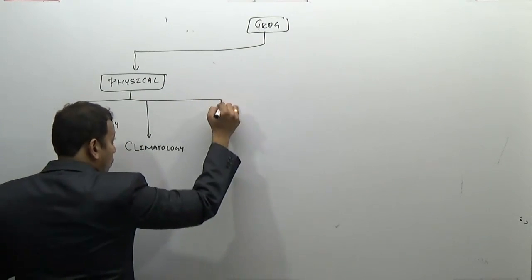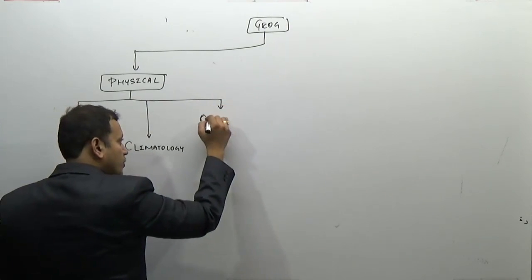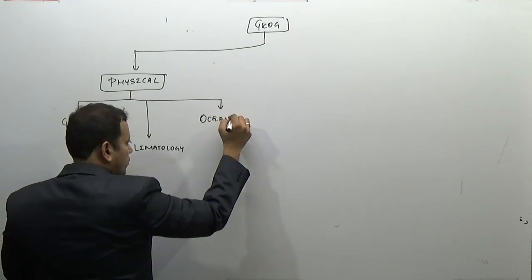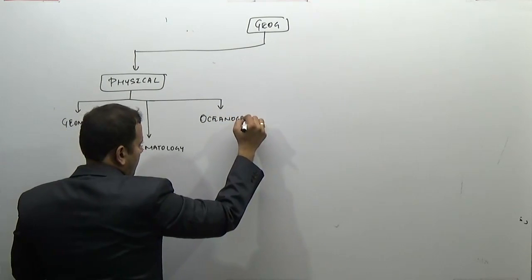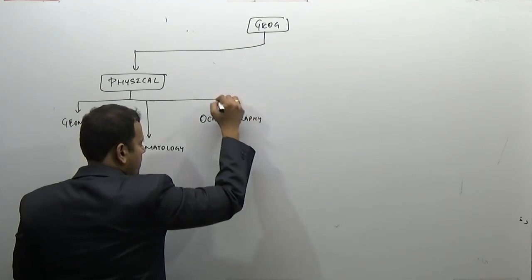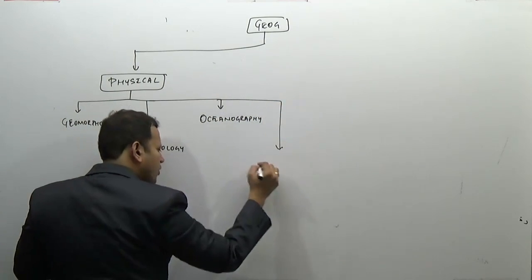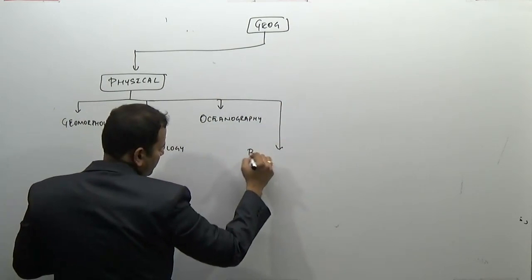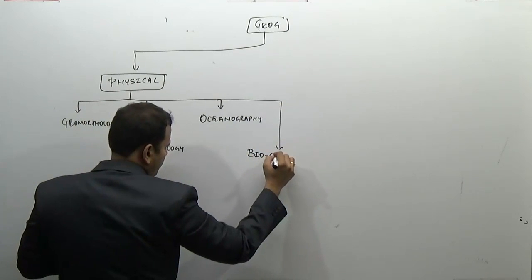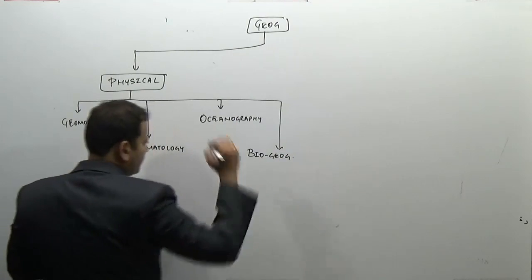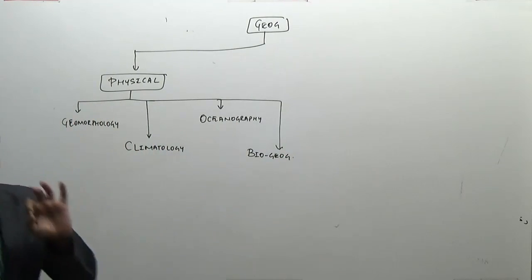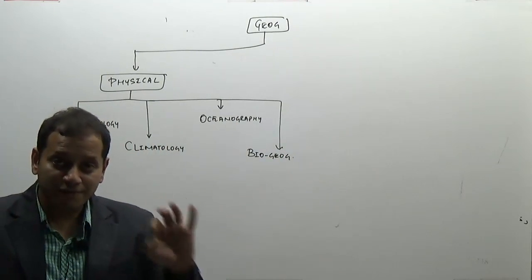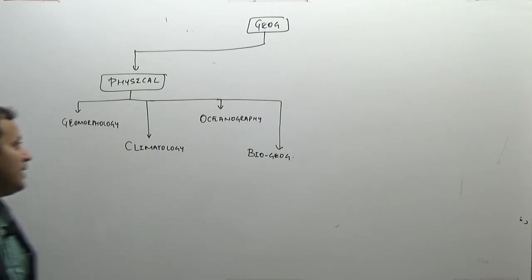The study of water bodies, that is oceanography. Biogeography or soil geography. These four features form physical geography.